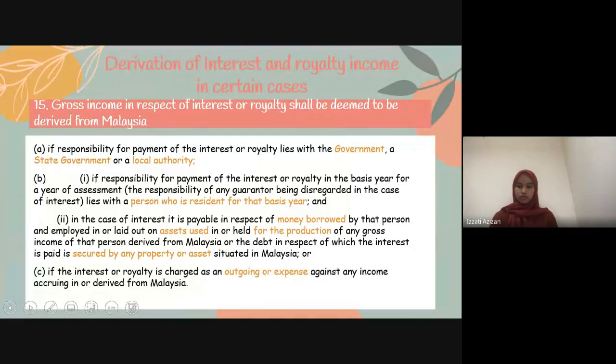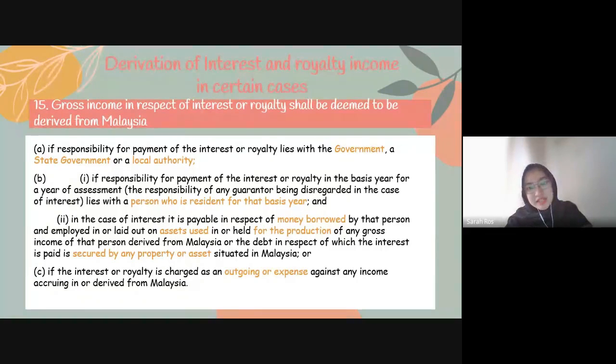Okay, I will proceed with the derivation of interest and royalty income in certain cases. The derivation of interest and royalty income lies under Section 15 in the Income Tax Act 1967.